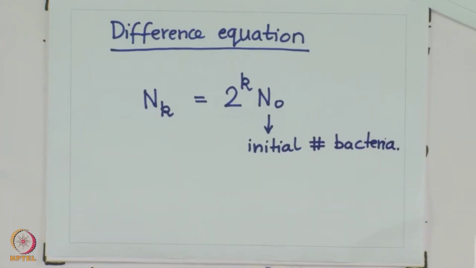Let's try and do an example and calculate how many bacteria we are going to end up with, starting with just one bacterium, and if we allow for unconstrained growth for a time period of, let's say, 3 days.